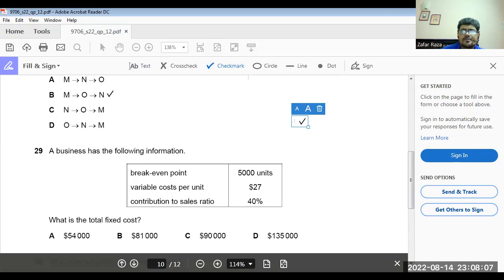Okay. It's very easy now. See. Contribution to sales ratio is 40% and variable cost is 27. It means variable cost is 60% to the sales. So $27 multiplied by 100 divided by 60. Selling price is $45. $45 multiplied by 5,000 units, that would be 225,000 minus total variable cost 135,000. So 90,000 is the fixed cost.